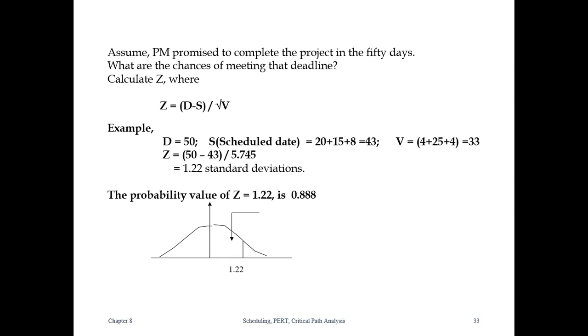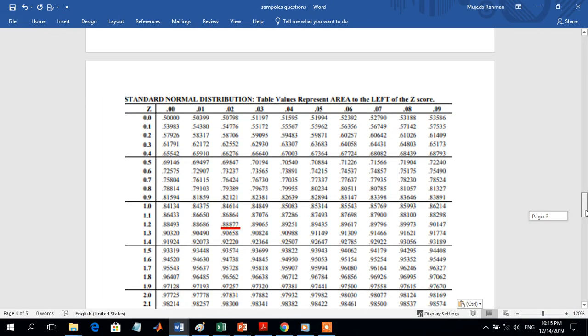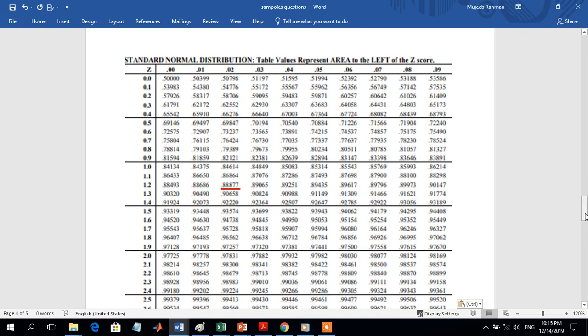1.22 is the z-score. Then the next step is what? We're supposed to use a normal distribution table, and from that we find the value that corresponds to 1.22. From the standard normal distribution table, we take 1.2 from the column and plus 0.02.